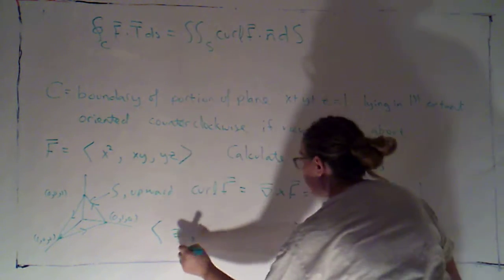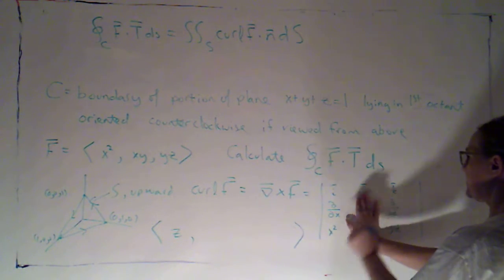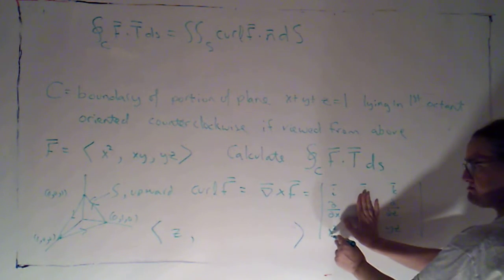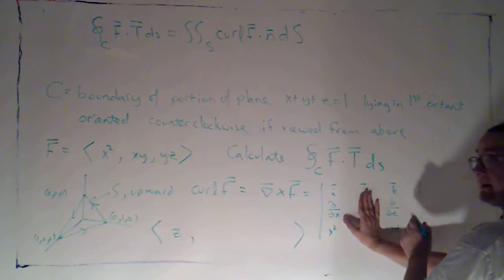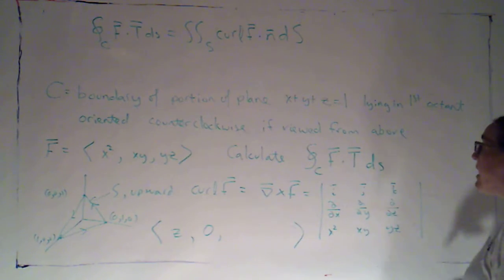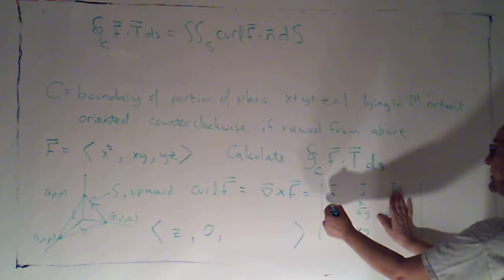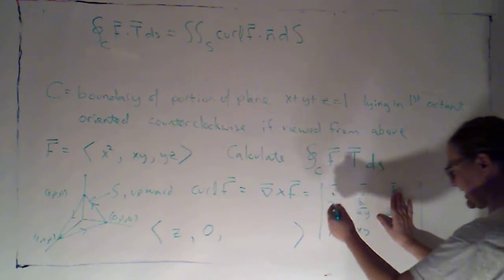Okay. For the second component, remember to go this way because it's negative. Partial with respect to z of x squared. Well, that's 0 because there aren't any z's. Partial with respect to x of yz. That's also 0 because there weren't any x's there. For the k's, I'm getting the partial with respect to x of xy.